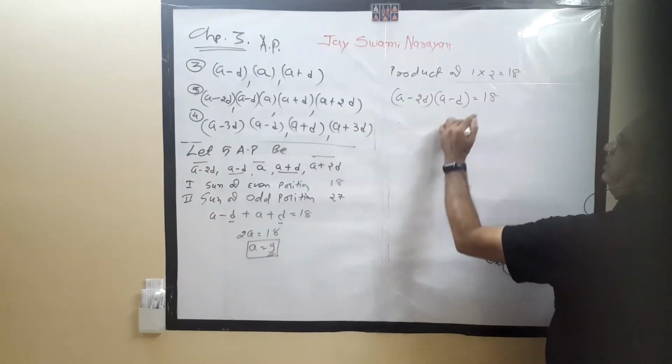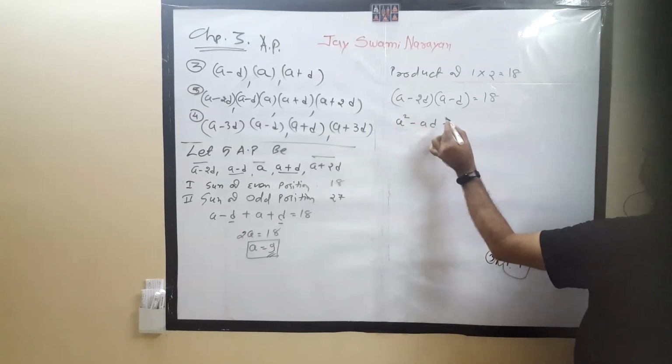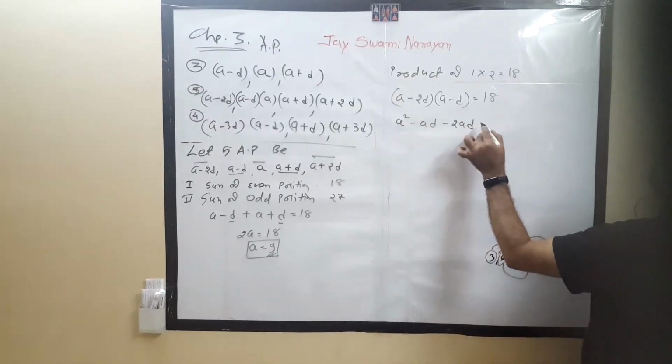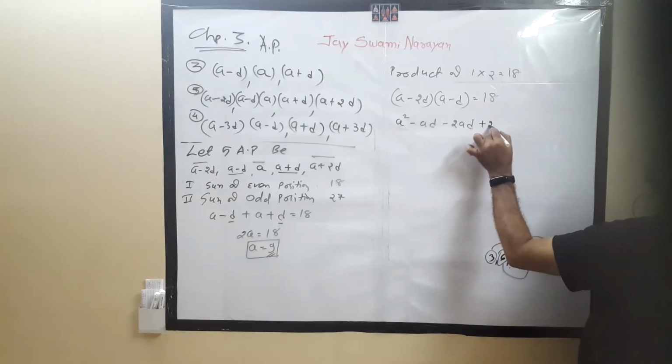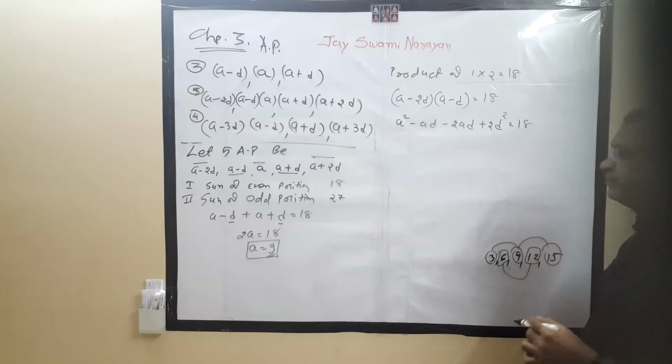Open the bracket: a square minus ad minus 2ad plus 2d square is equal to 18.